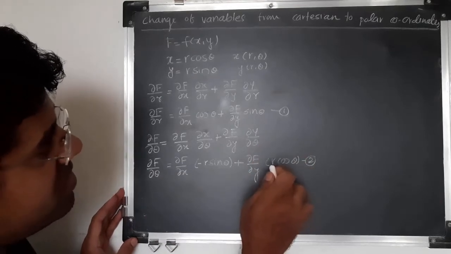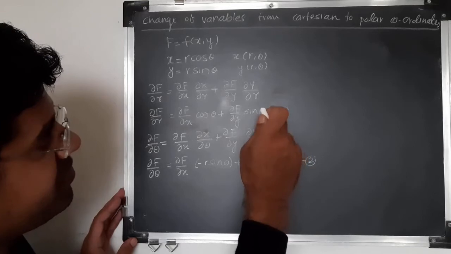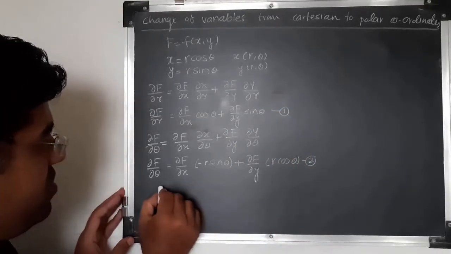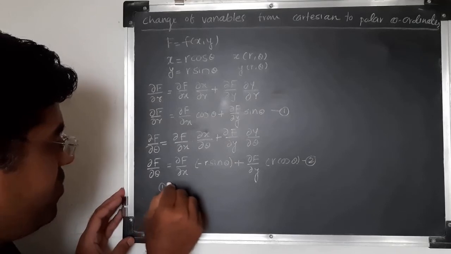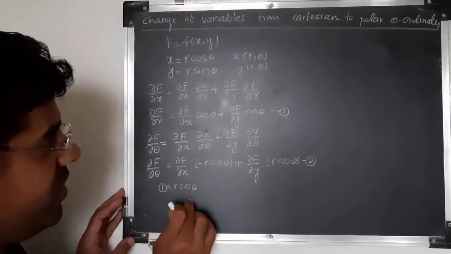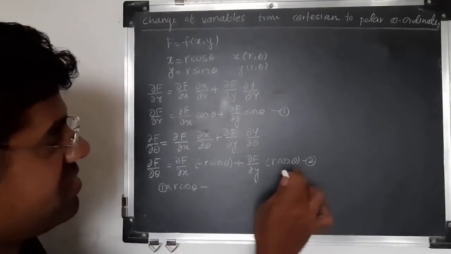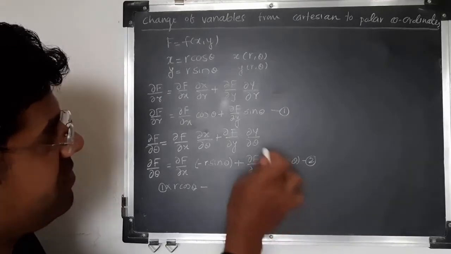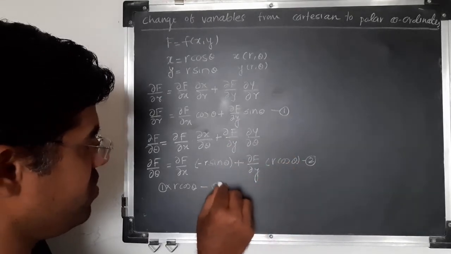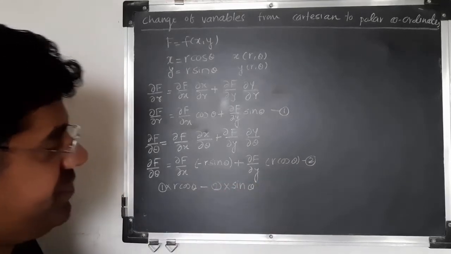I will multiply equation 1 with r cos theta, minus equation 2 multiplied with sin theta.